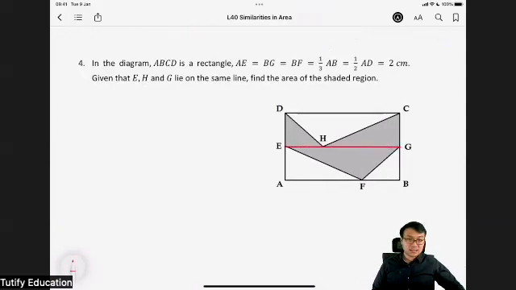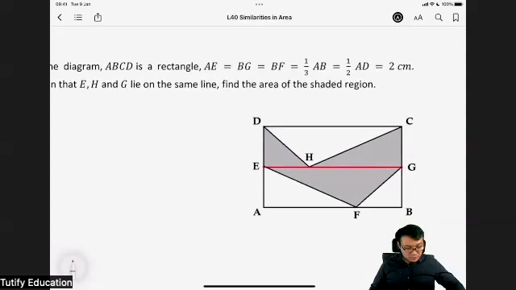Okay, let me ask Talia. Talia, if I were to draw a line here, do you think that I can take this triangle and move it into this space here? Yes or no? Yes. How do I know this? How can you confirm that they are the same?